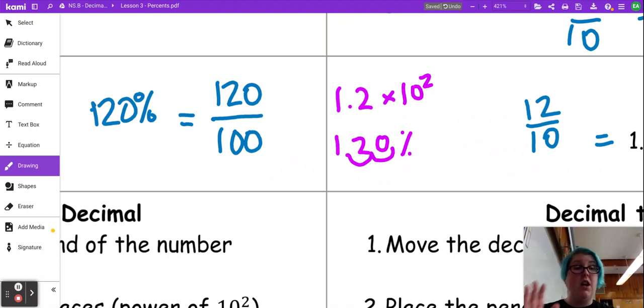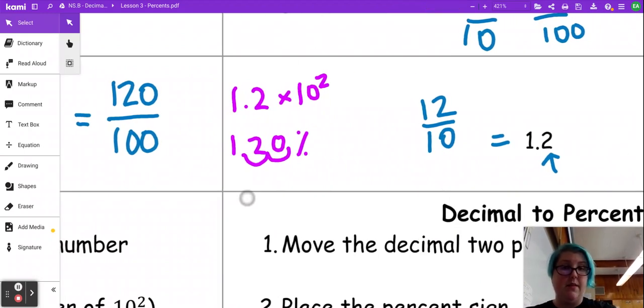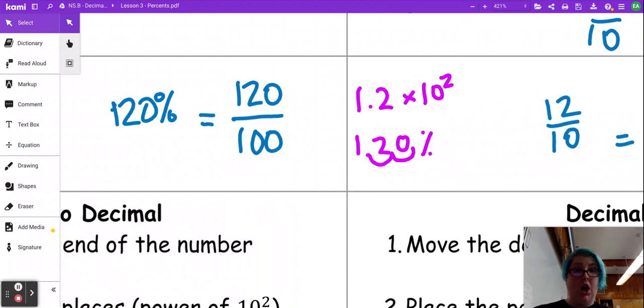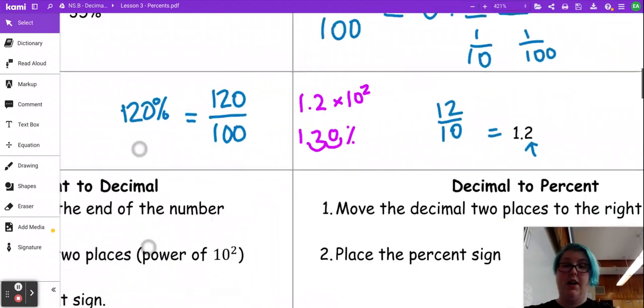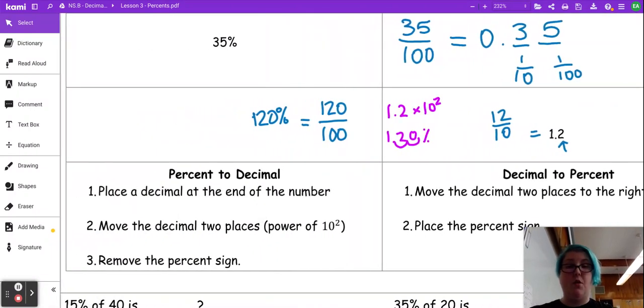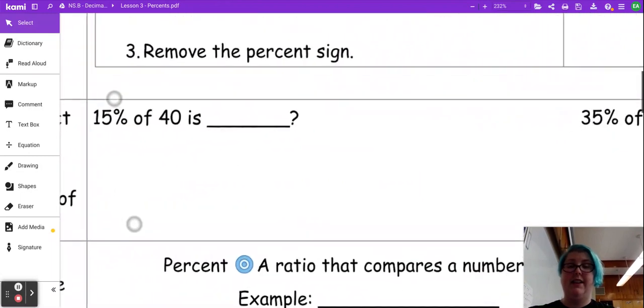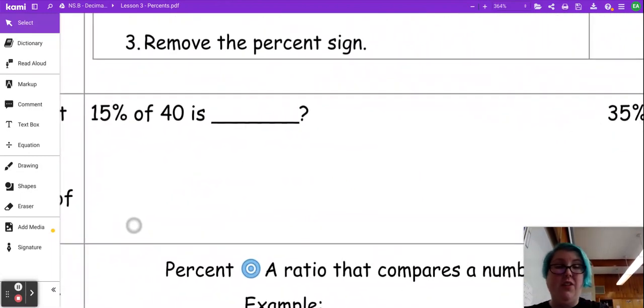You can either do the multiplication like I've shown here, where you know that it goes over 100, or you can just move your decimal. Whatever works for you, folks. All right, so you'll see the rules are right here for percent to decimal, decimal to percent. Now let's move on and use this and look at our problems.